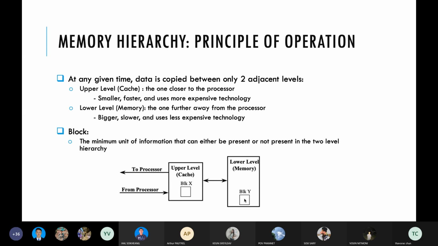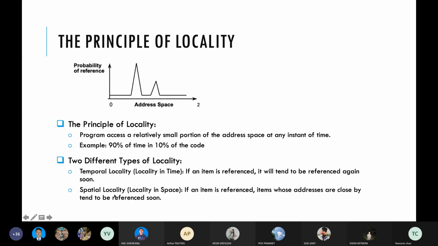Because we think that based on spatial locality, if data H is requested now, data H plus 1, H plus 2, H plus 3, or maybe H minus 1, H minus 2, H minus 3, has a very high probability that the CPU will access it again.